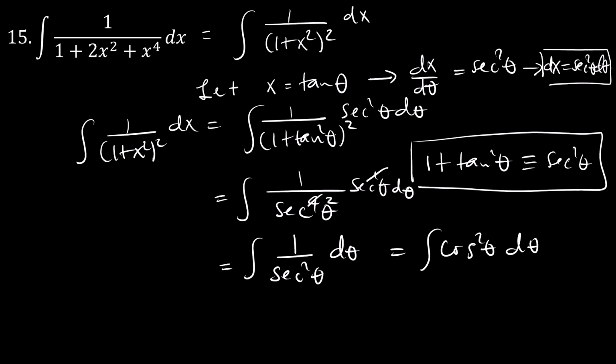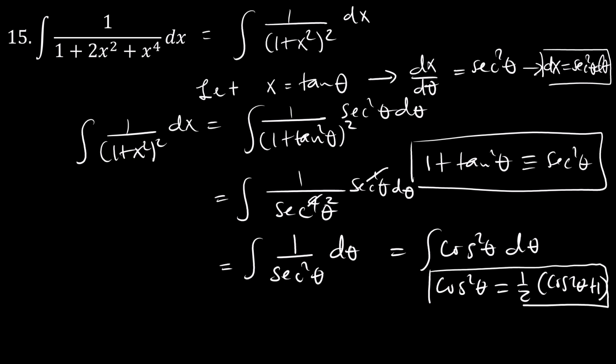We know that cosine squared theta is the same as half of cosine 2 theta plus 1. So that means our integral is the same as the integral of a half times cosine of 2 theta plus 1.